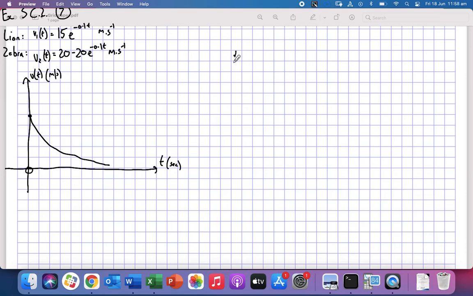So as t approaches infinity, just as a check, v1 will be 15 divided by e to 0.1 times infinity, right? So this number will get more and more close to 0. It'll never become negative. You guys know that. Negative powers don't make negative numbers. So basically the lion's speed is getting closer and closer to 0 as he gets more and more tired.